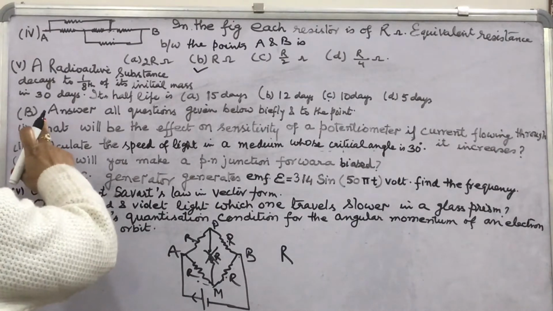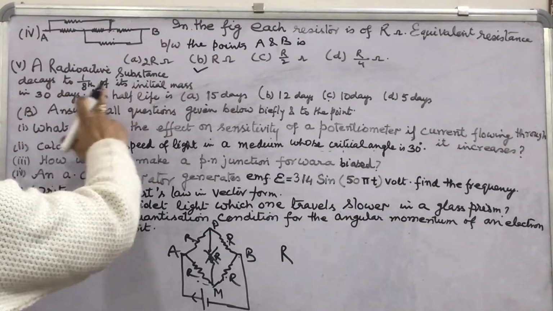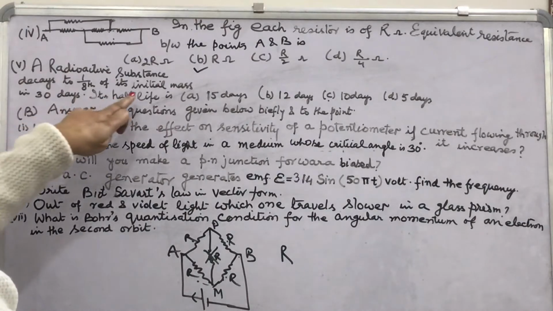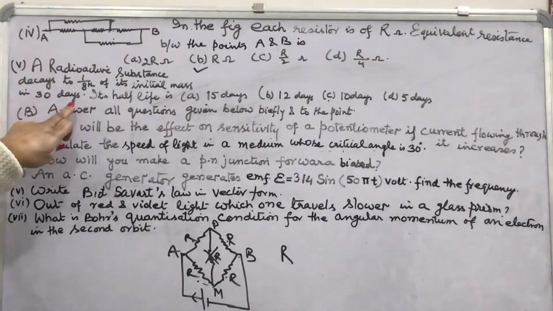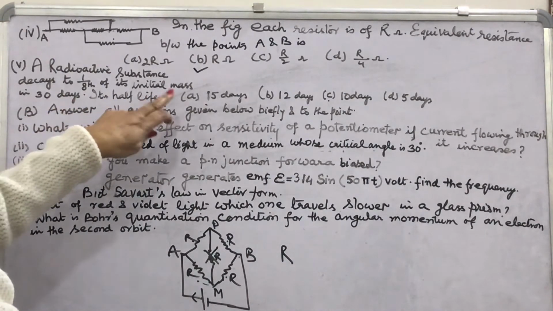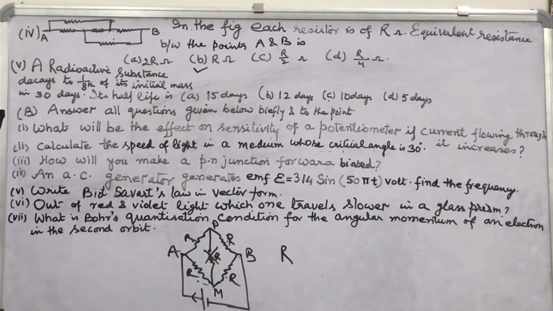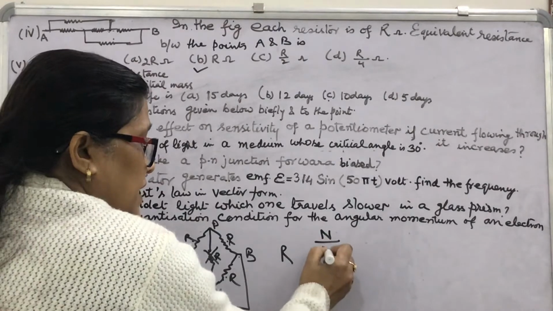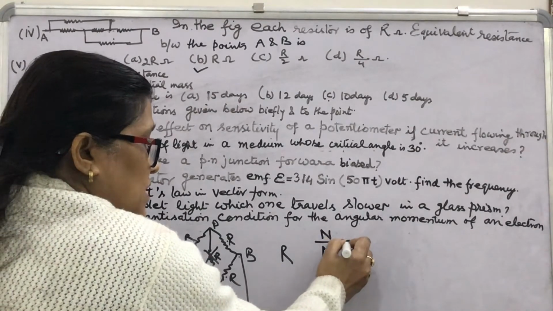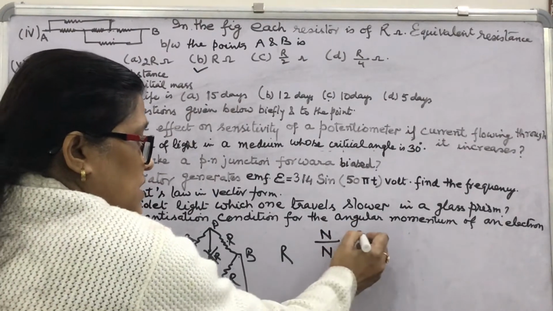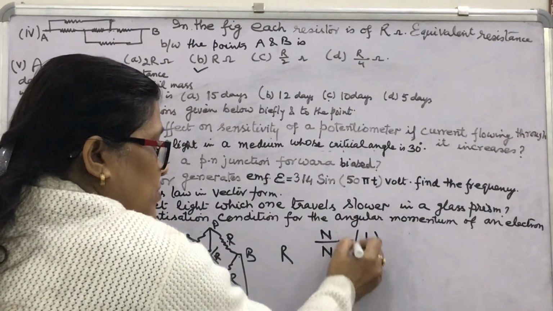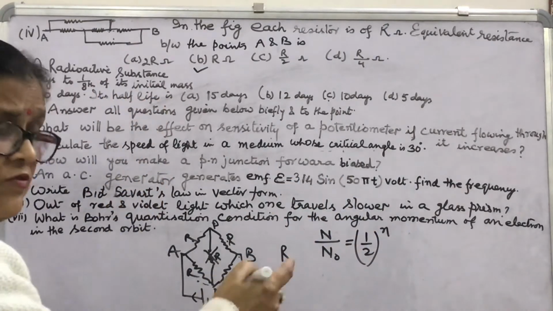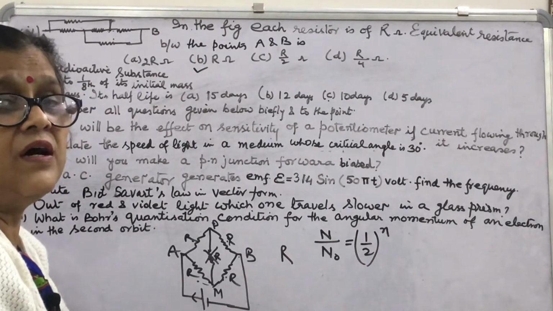Similarly, in this part, a radioactive substance decays to 1/8 of its initial mass in 30 days. You have to find its half-life and choose the correct option. You know the relation for radioactivity: the undecayed amount N upon the initial amount N naught is given by half to the power n. What is small n here? The number of half-lives.